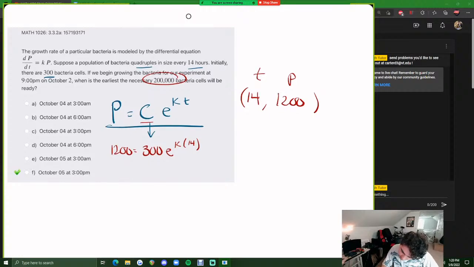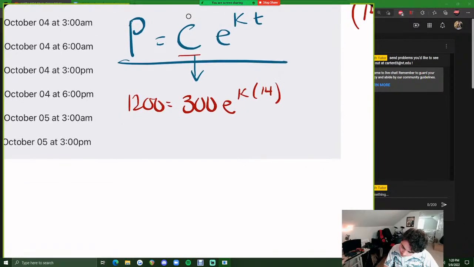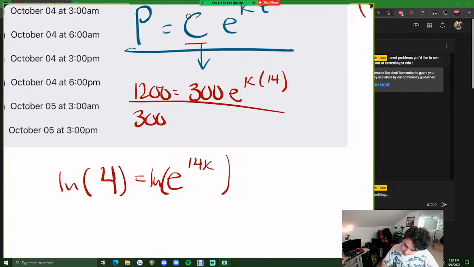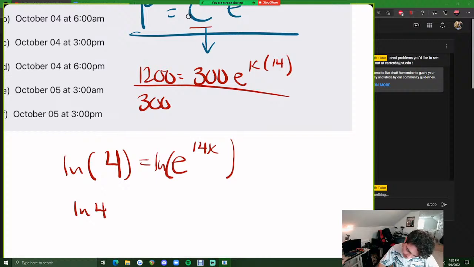Starting by solving for k in this equation, we always start by dividing by the initial amount. 1200 divided by 300 equals 4. So 4 is equal to e to the 14k. We eliminate e by taking the natural log of both sides. We have ln of 4 is now equal to 14k.